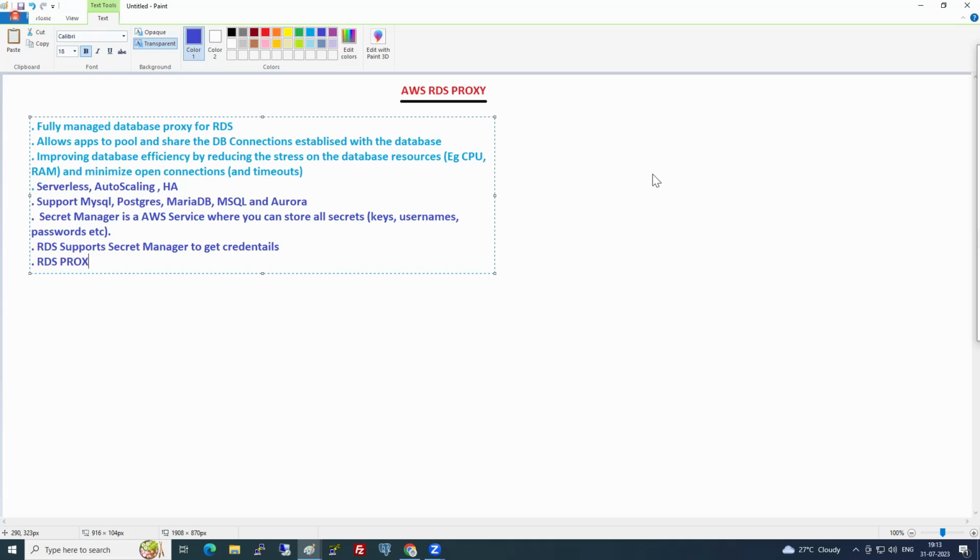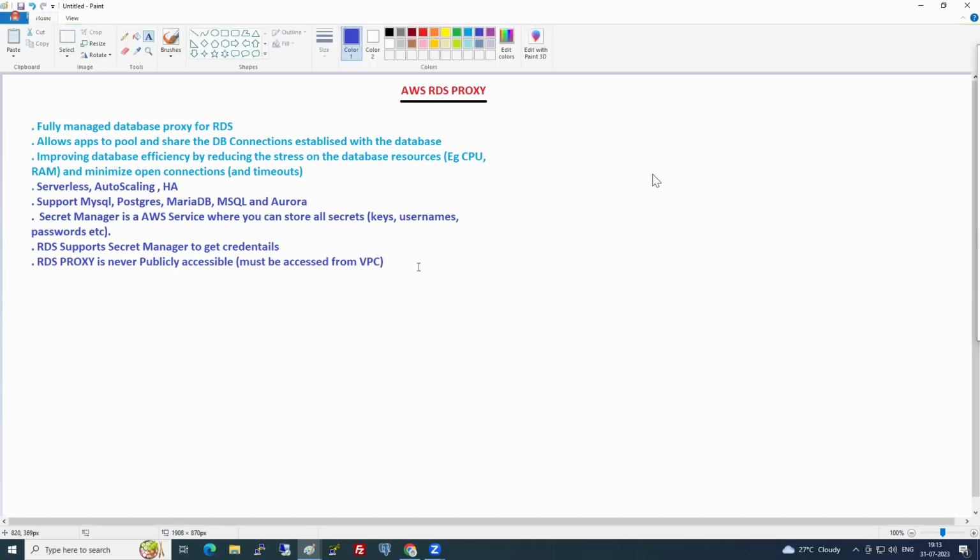So RDS proxy is never publicly accessible. It must be accessed from the VPC. Got this?